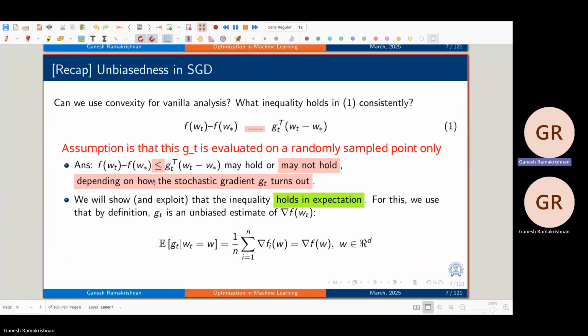Is this clear? Hereafter, instead of putting the i index, we'll just use g_t.